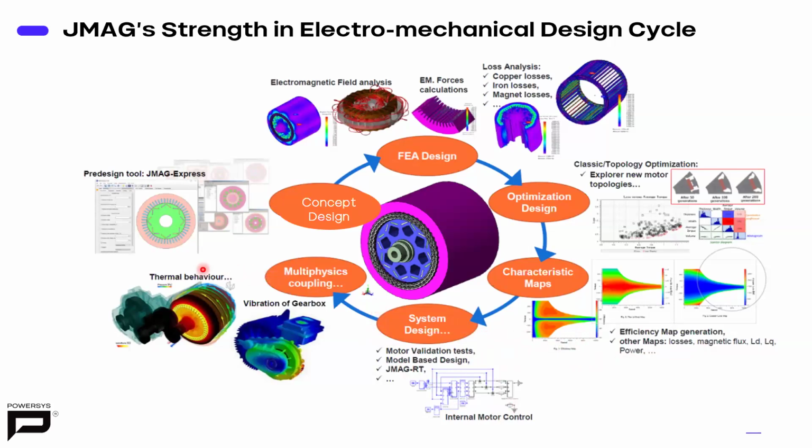We can analyze the thermal behavior and the structural behavior of any kind of motor. The heat transfer from one part of the motor to another can be analyzed, and vibration and noise analysis can also be done in this multiphysics coupling concept. So this is all about JMAG's strengths.